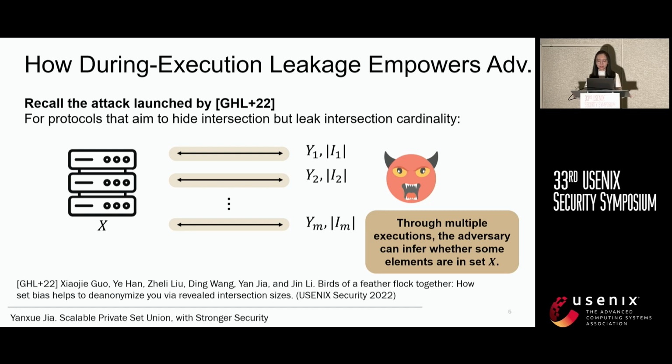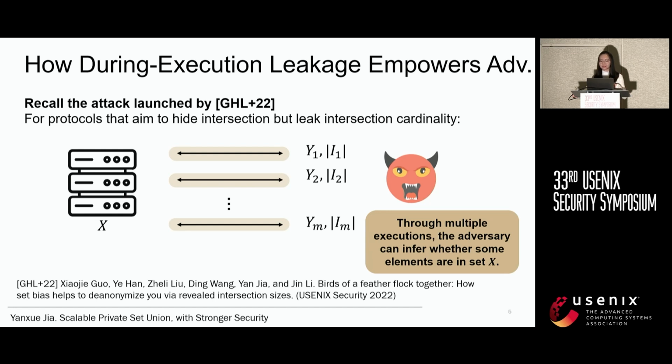In their attack, the receiver, here the adversary, needs to execute multiple instances with the holder holding the set X. But the adversary will use different inputs, here Y1 to Ym, and obtain different outputs.